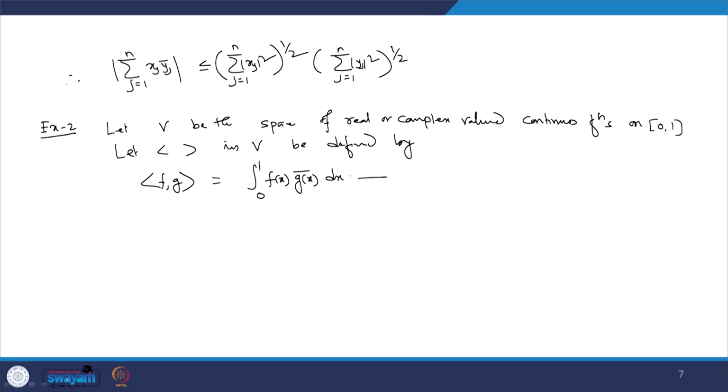So, this is the inner product of f and g, two elements of this space.